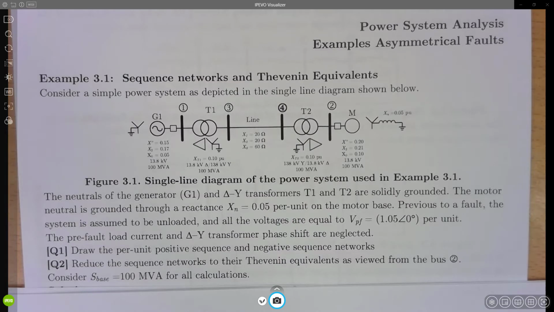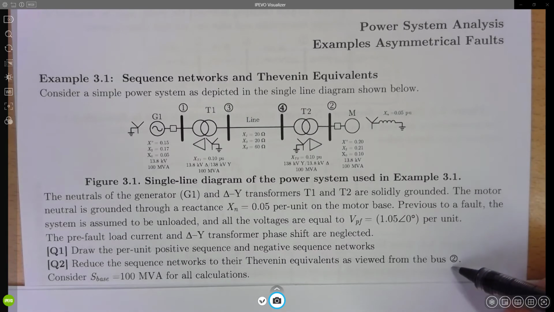There are a couple of questions in this problem. The first question is very simple. We need to create a drawing presenting the positive sequence and negative sequence networks for this system. Then we want to reduce those networks using a Thevenin equivalent model, reducing the network based on bus bar number 2.